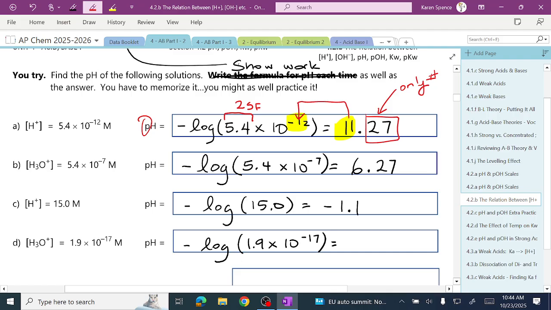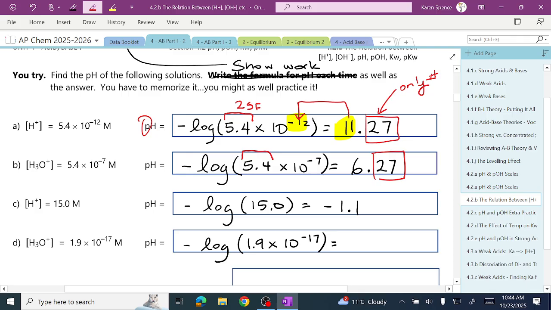Now, there's a reason that I made the coefficient part of the number the same in both those cases, because it shows you that if your coefficient in that scientific notation is the same, you will get the same decimal, right? 5.4 times 10 to the anything is going to give you something 0.27.